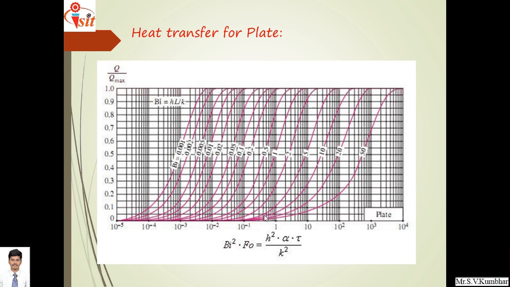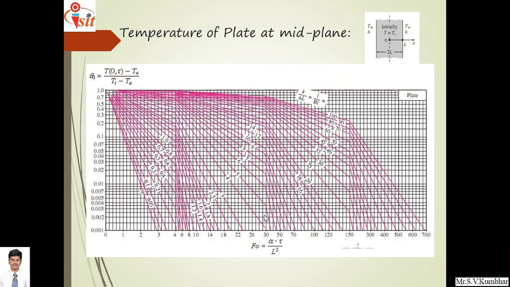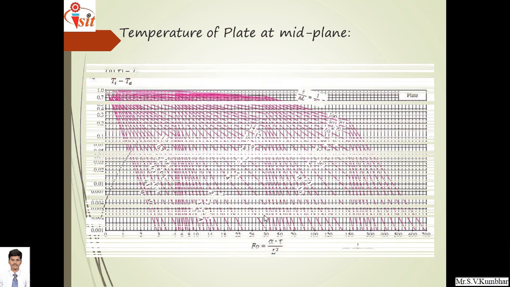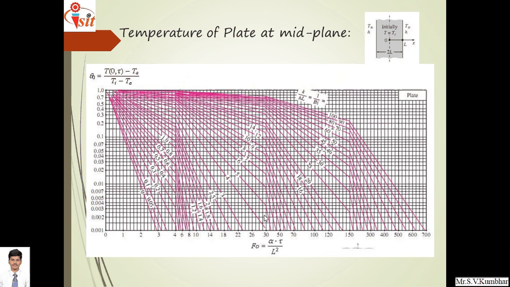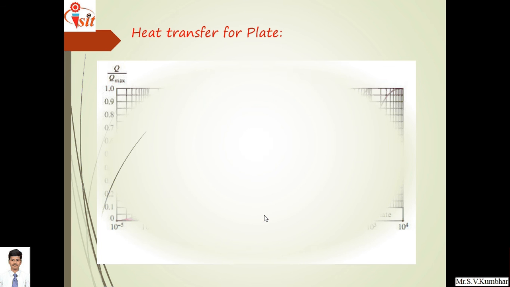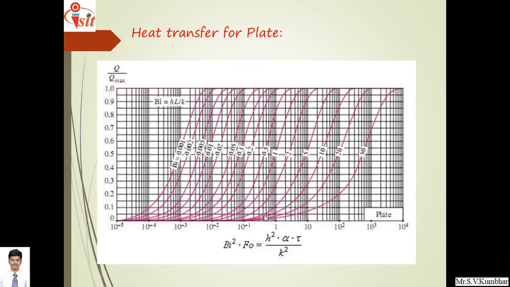This is Q upon Q max. As we had already discussed, the first chart will give the non-dimensional center temperature, the second chart, that is the position correction chart, and the third chart is Q upon Q max. Similarly here, this is the position correction chart and this is Q upon Q max.